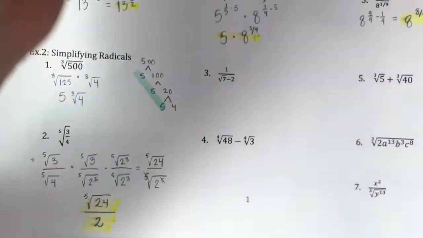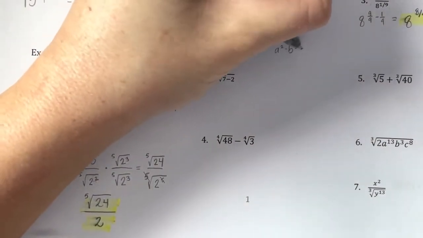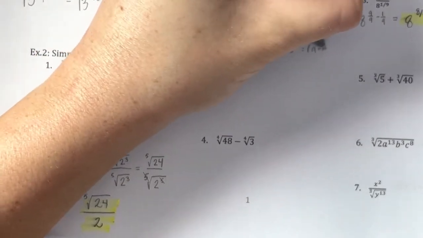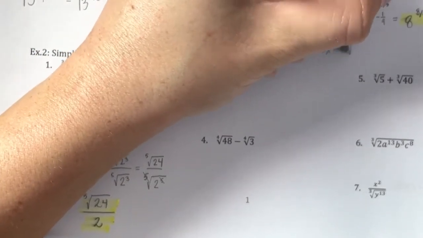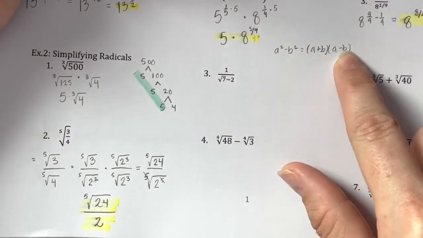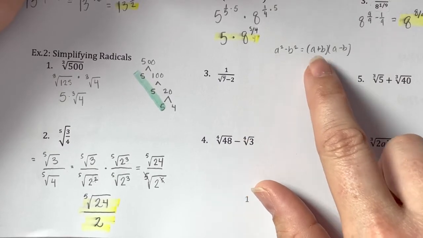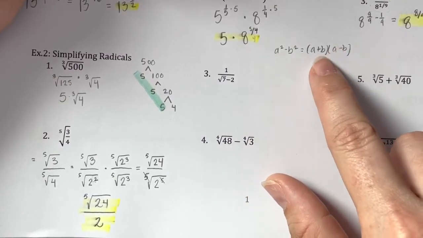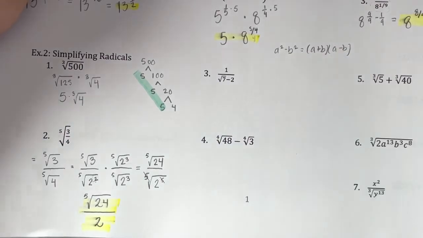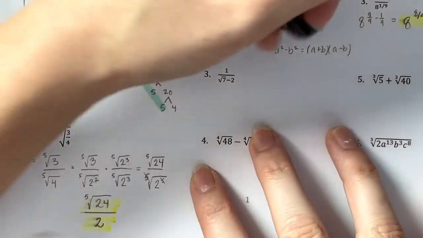So we know a difference of squares is a squared minus b squared, and then that factors into a plus b times a minus b. The reason that this, when we FOIL it back, goes back to 2 terms instead of 3 terms, is because these terms are the same except for one is a plus and one is a minus. So we're going to use that pattern in order to get rid of the radical in the denominator.